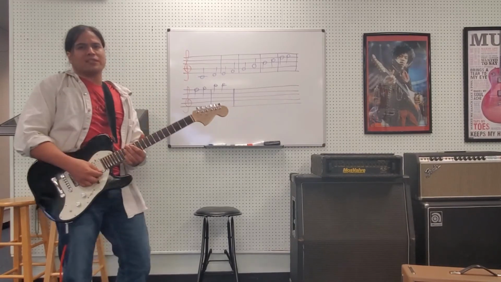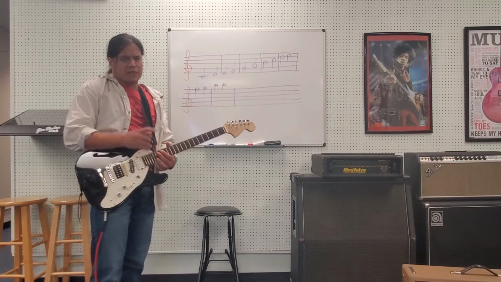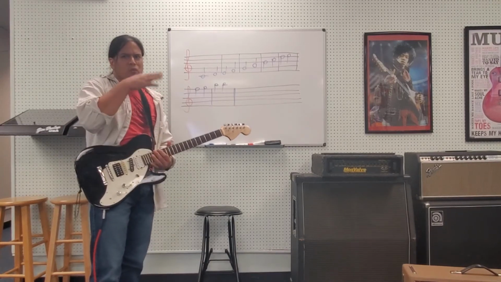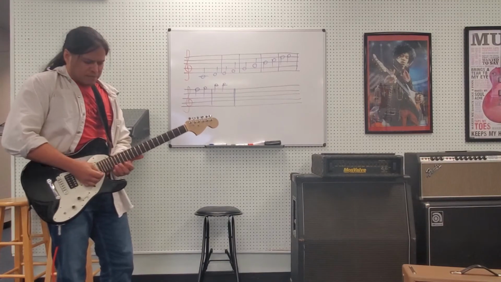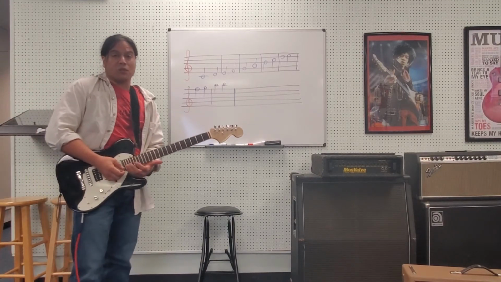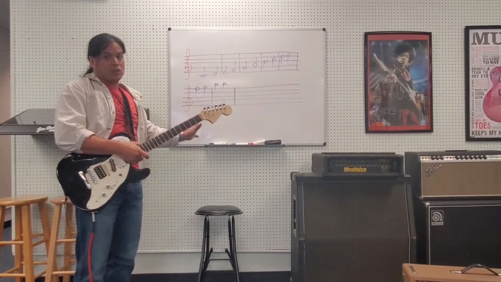Yeah, 4 ledger lines above the staff. Above that, you probably want to use the octave notation, so then you don't end up too far out from the staff. But so there's a lot of notes available on the guitar that I didn't picture here.